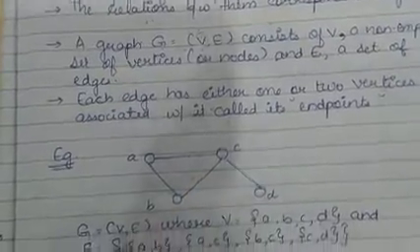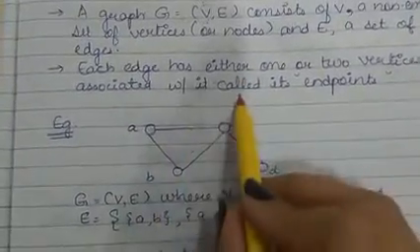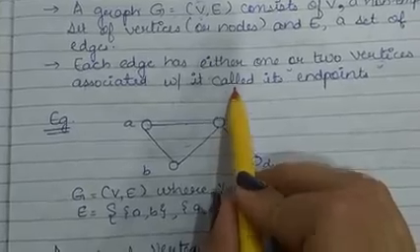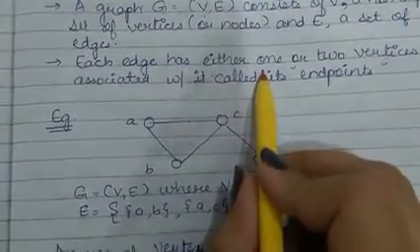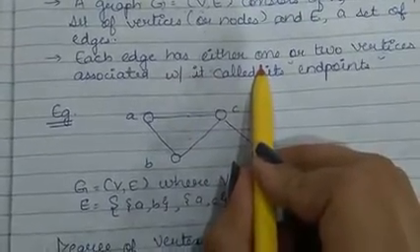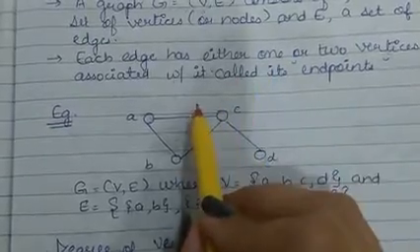Here we have an example, and one more important point. Each edge has either one or two vertices associated with it, called its endpoints.